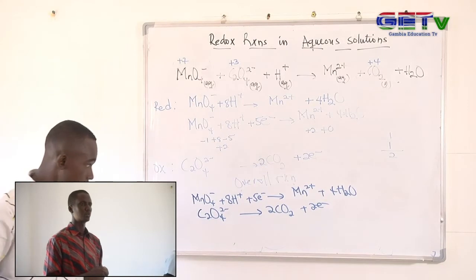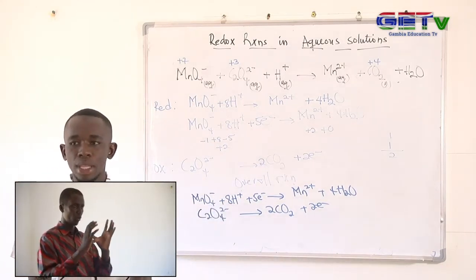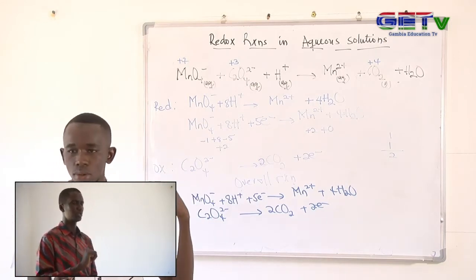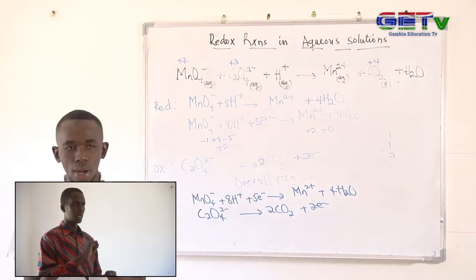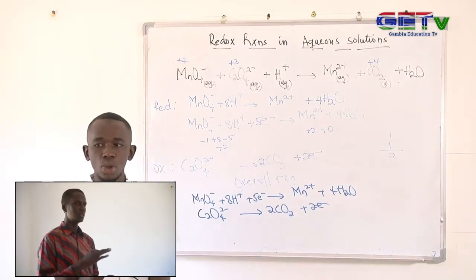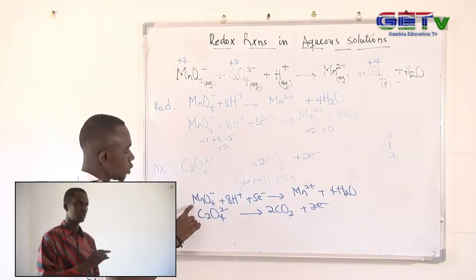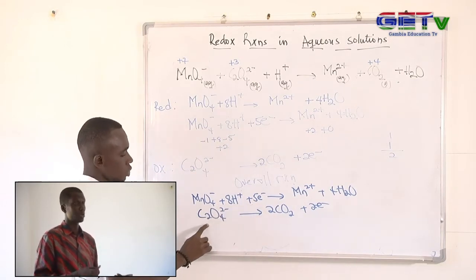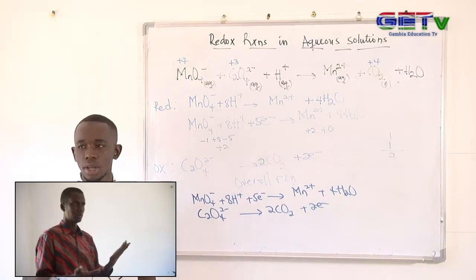Now, if you want to balance the overall reaction, the number of electrons that are gained in the reaction and the number of electrons that are lost in the reaction should be equal, so that at the end of the reaction you can cancel out the electrons. And then the electron gain in this case is 5 and the electron loss in the second reaction is 2, which means they are not equal.